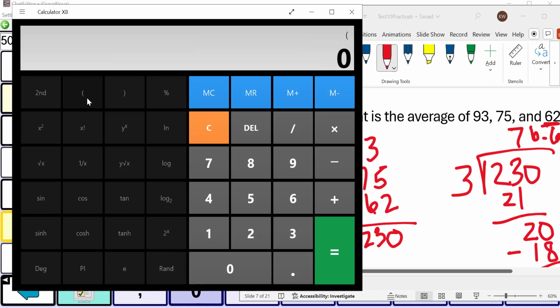I'm going to put a parenthesis, and then I'm going to do the sum, 93 plus 75 plus 62 and then end parentheses. So altogether they equaled 230. And then I'm going to divide by the total number of numbers, which was 3, and hit enter. And so the average is 76.6666666.